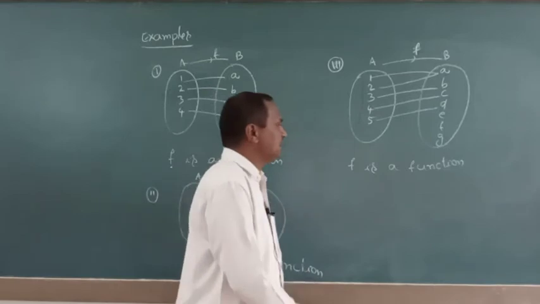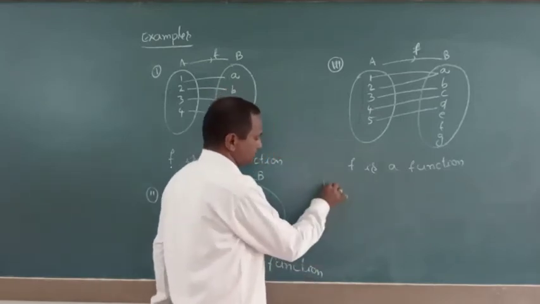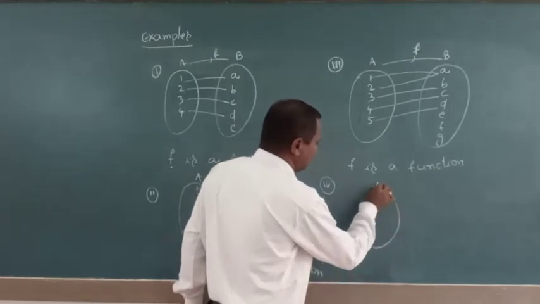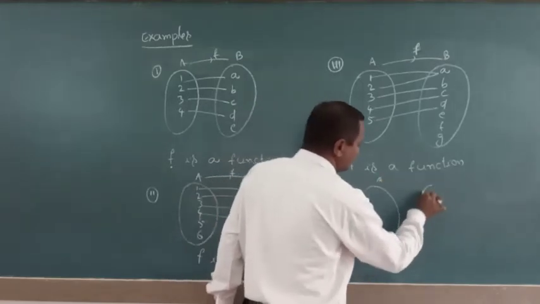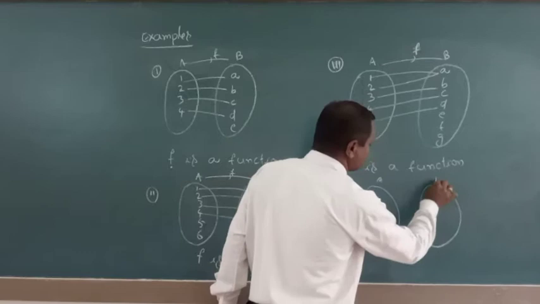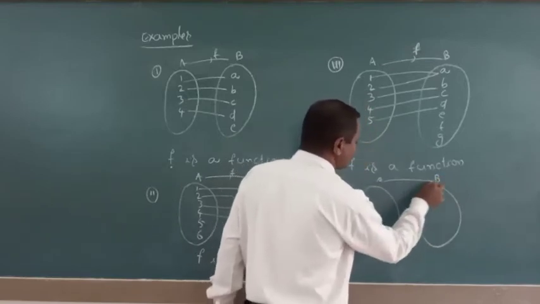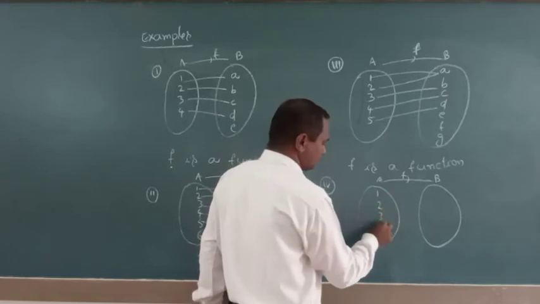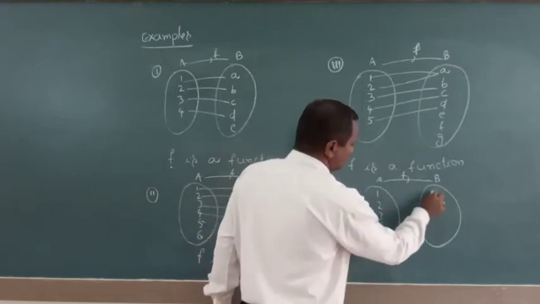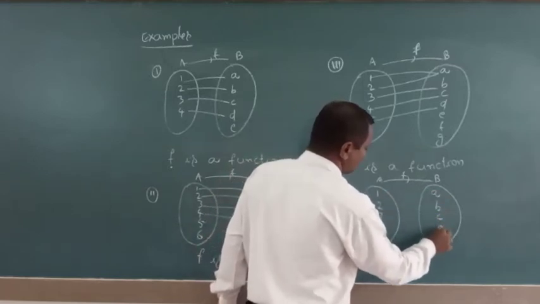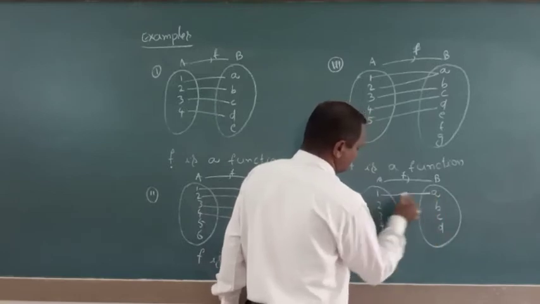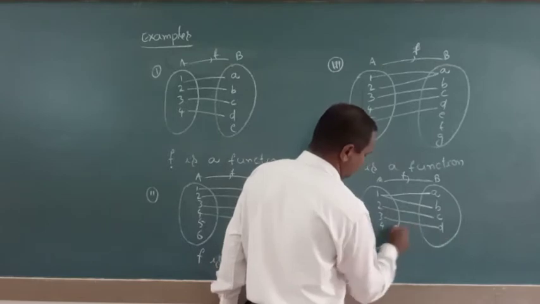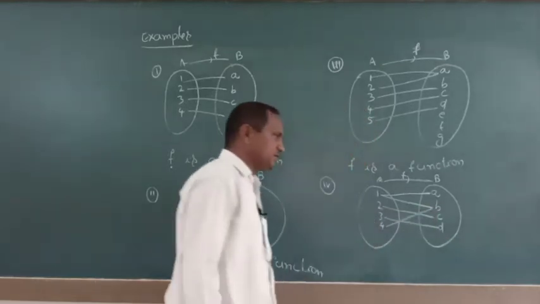And next example for this. A set is here, and here B set. A to B is mapping. Is it a function or not?